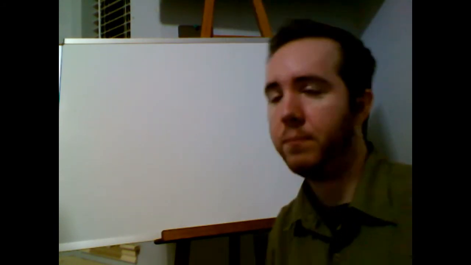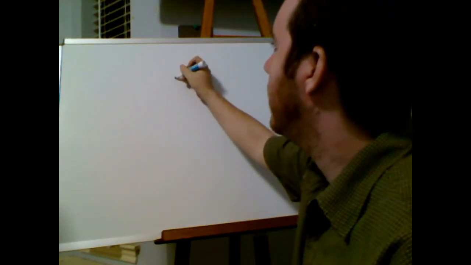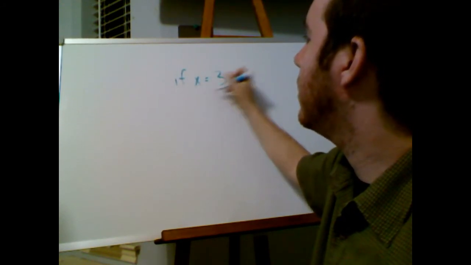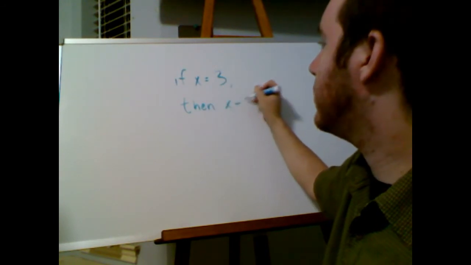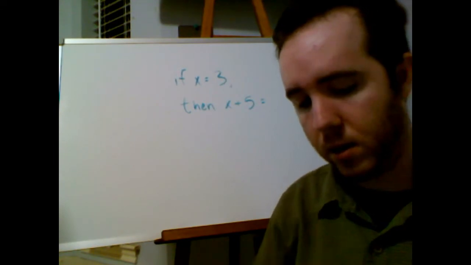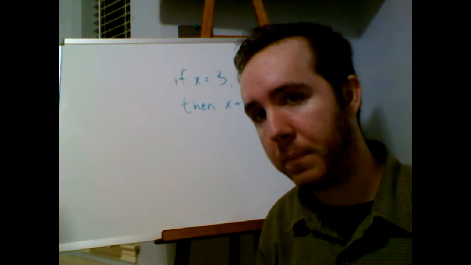All right. So look at number 1. We see written, if x equals 3, then x plus 5 equals. Now here we're going to be introducing an idea called substitution.